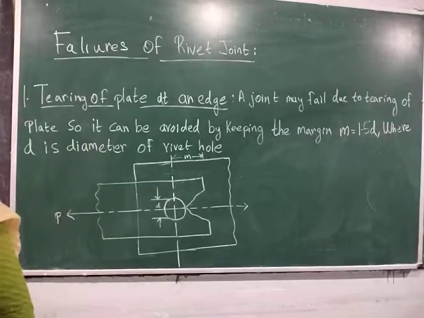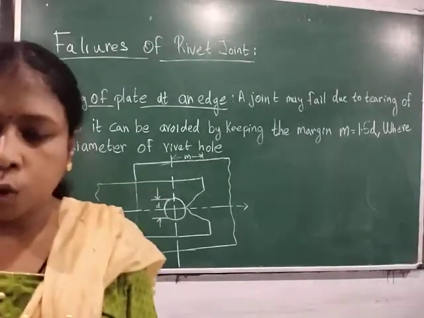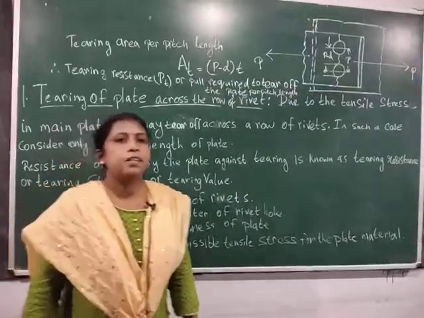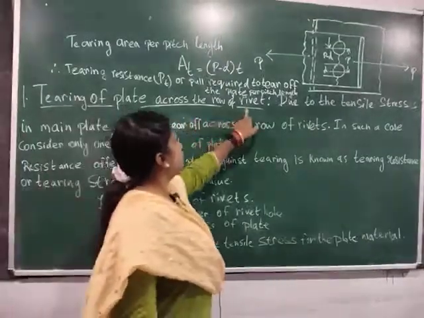Next is tearing of plates across the row of rivet. Next failure is tearing of plate across the row of rivet.